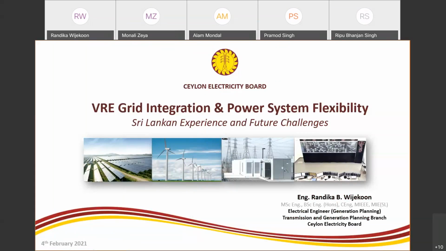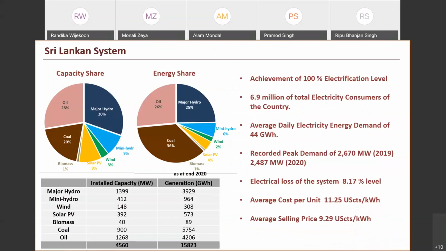Being a country in the region that is more ambitious about this clean energy transition, Sri Lanka also shares some of these major concerns on power system flexibility and renewable energy integration, and we are trying to work on our solutions to address these challenges in the time to come. In this very brief presentation, I will quickly take you through the challenges that we perceive, and also the interventions that we are working on to enhance the flexibility of our system.